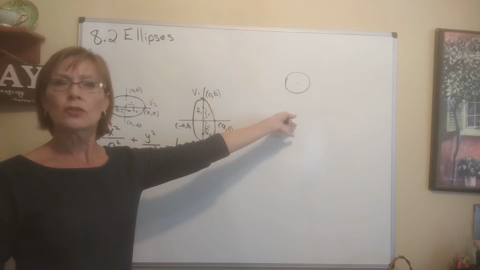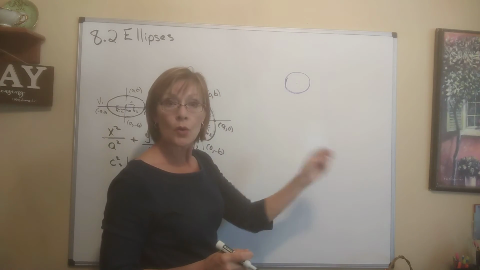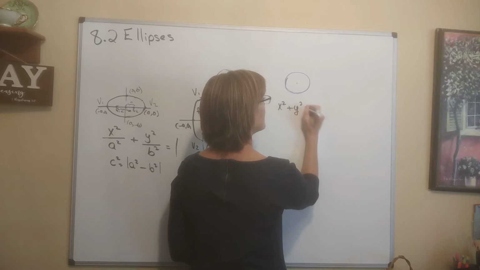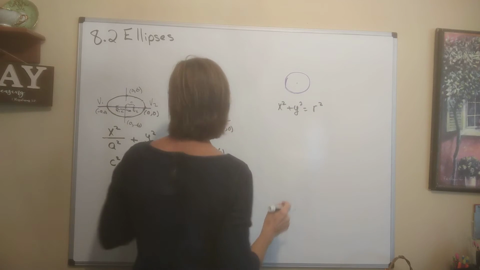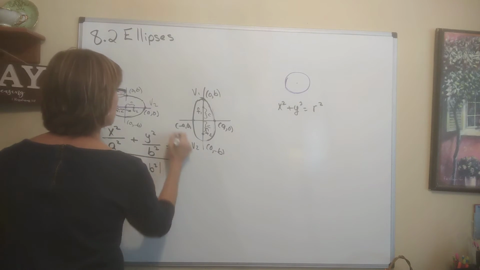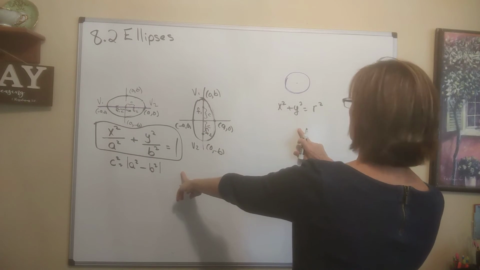Oh, first let's talk about circles really quick. The equation of a circle, let's make it centered at the origin: x squared plus y squared is equal to the radius squared. Let's compare it with our equation of an ellipse right here. What is the difference? Well, here's a big difference.